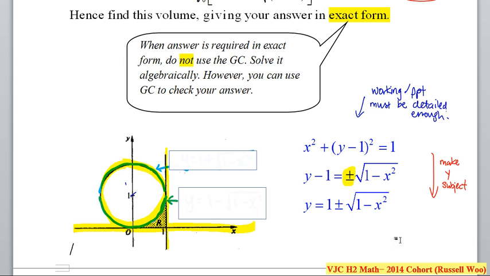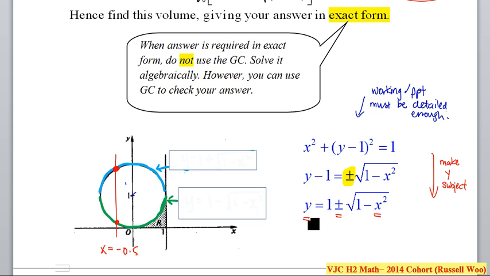Now, why is there a plus minus? It's quite obvious, because for one particular value of x, let's look here, if I say x is minus 0.5, you actually get two values of y. So you look here, one value of x, you will get two values of y because of the plus minus.